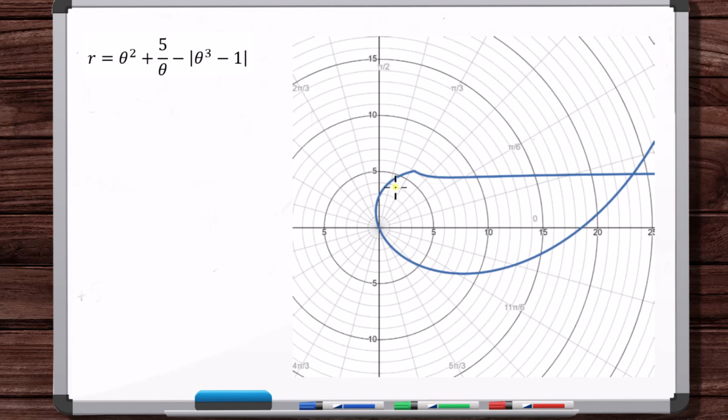Okay, let's now stretch the graph by a factor of 2 about the theta axis. So we want to go from r theta to r 2 theta. To do this, we multiply every single theta value by 1/2. Okay, what does this graph look like?